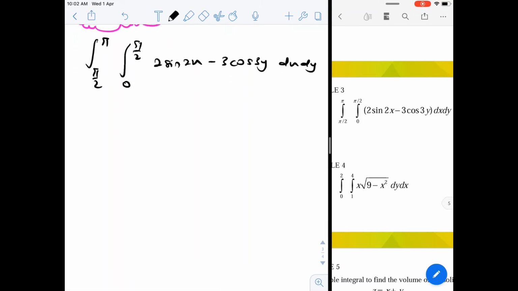Now the region R. We have here x from 0 until pi over 2, and then y is from pi over 2 until pi.